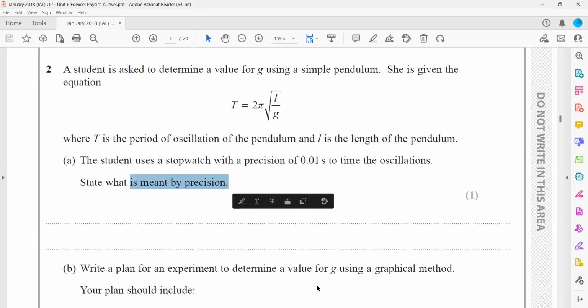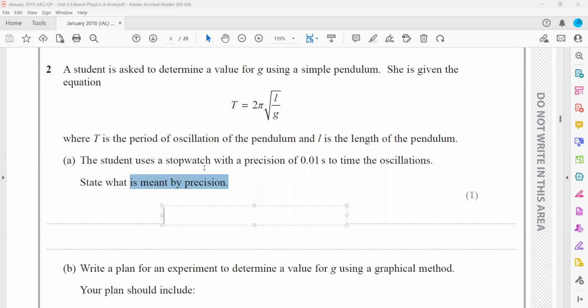What is meant by precision? Precision means the smallest value which we can measure by using the instrument, that's called its precision. It also refers to the uncertainty of the instrument.